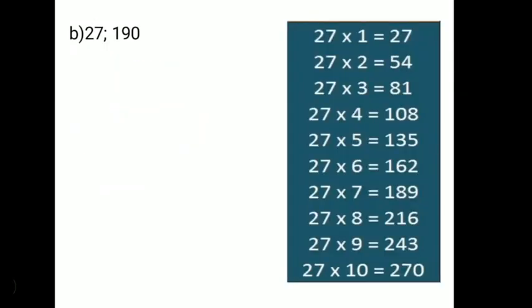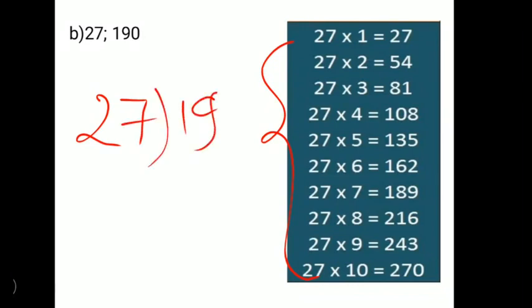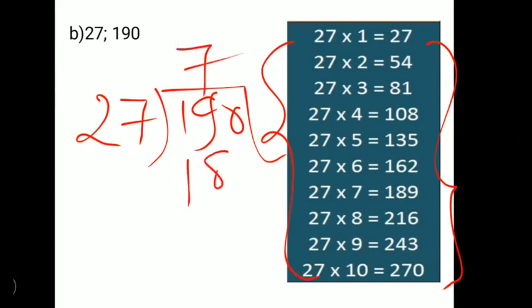Alright, in order to solve this, again you should know the table of 27. I have placed here the multiplication table of 27, right? You can check it. In the multiplication table of 27, can you see 190 here? No, 189 is there, but 190 is not there, right? So you can write 27 into 7 is 189, but your remainder will be 1.